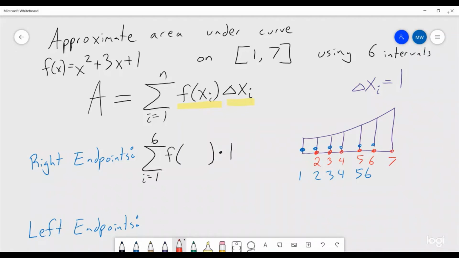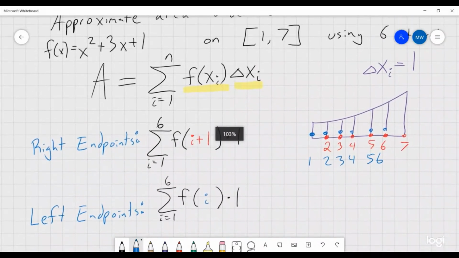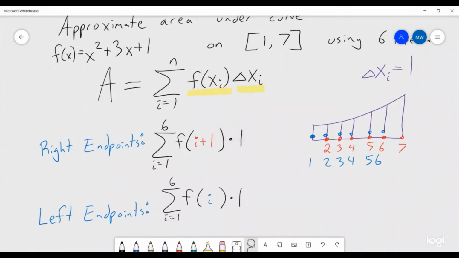So that means we are going to have f of i plus 1. Whereas our left endpoints are going to be the sum from i equals 1 to 6 of just f of i times 1. Okay, so now that we have this, let's evaluate what these are going to be. Let's move the left endpoint one out of the way for a second.